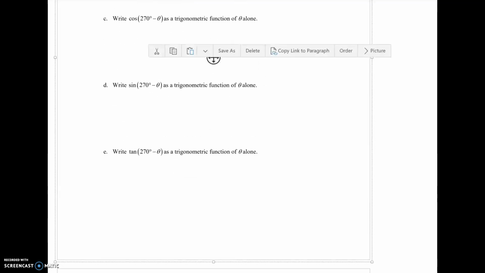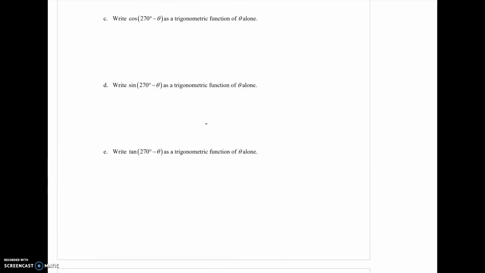Write sine of 270 degrees minus theta as a trigonometric function of theta alone. You need to realize what pattern we are working with and see what we can do. First of all, I can easily say that sine of 270 degrees minus theta is going to be equal to negative cosine of the angle theta.